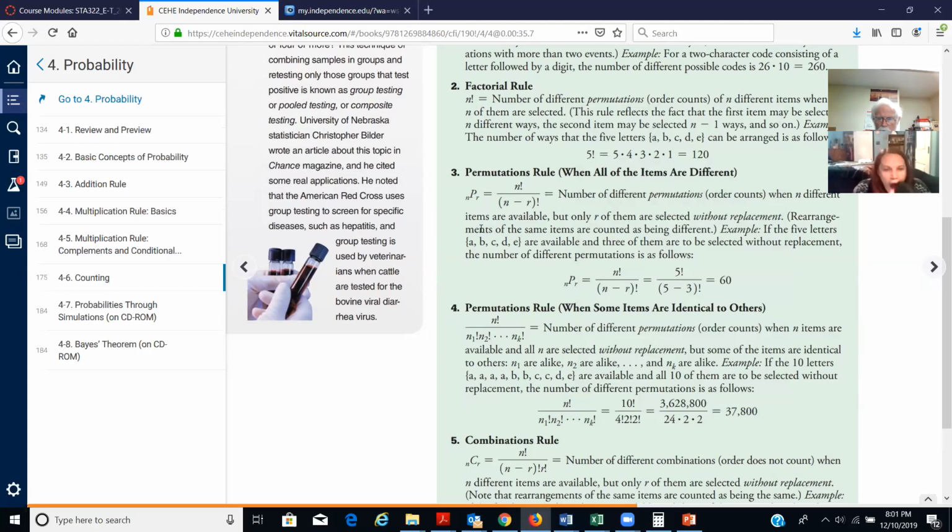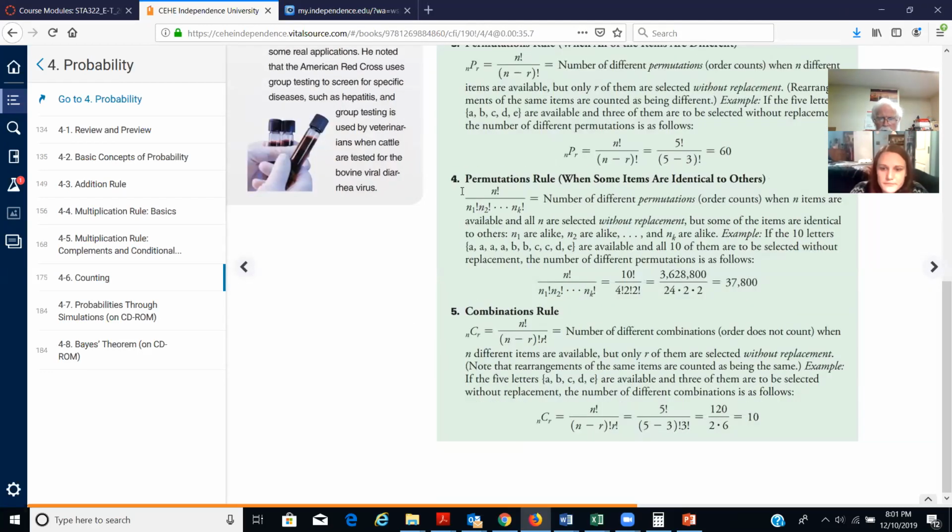Are you still on the page here with the problems? Yeah. Okay. So there are some other things here, like more complicated permutations when some items are identical to others, like license plates, because AAA can be used, and ABA, AAB, BAA.